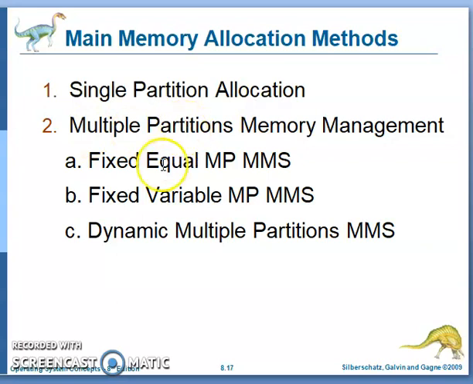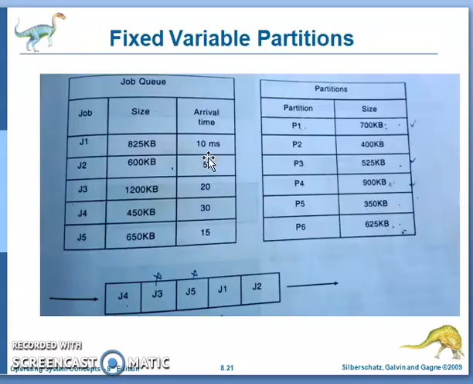Again, under multiple partitions, there are 3 things: fixed equal multiple partitions, fixed variable multiple partitions, dynamic multiple partitions. Under fixed variable multiple partitions, there are 3 things: first fit, best fit, worst fit. So these are the things in memory allocation methods.